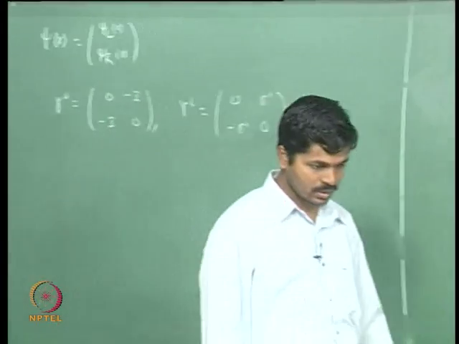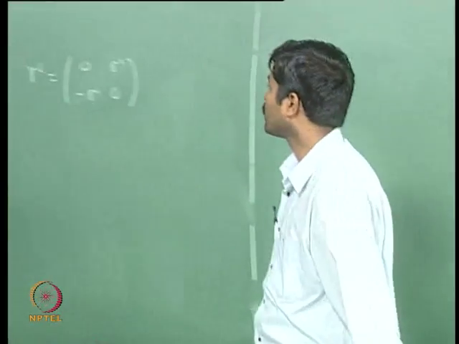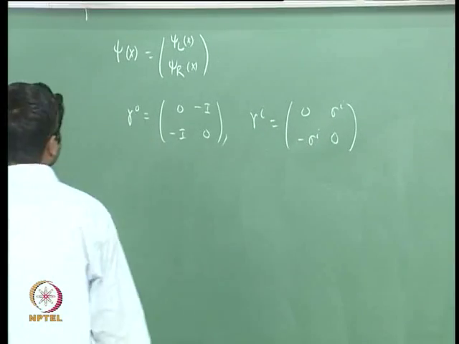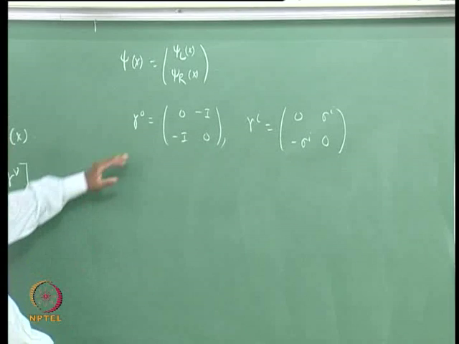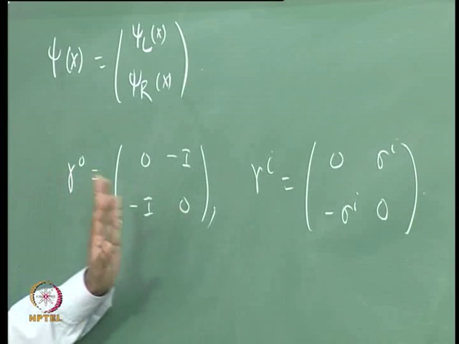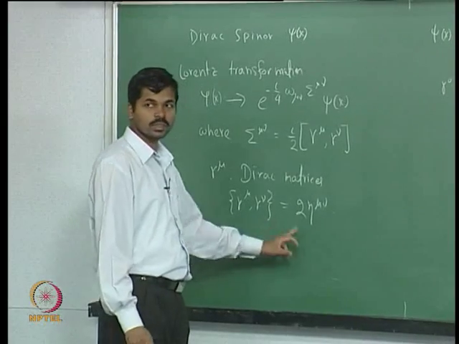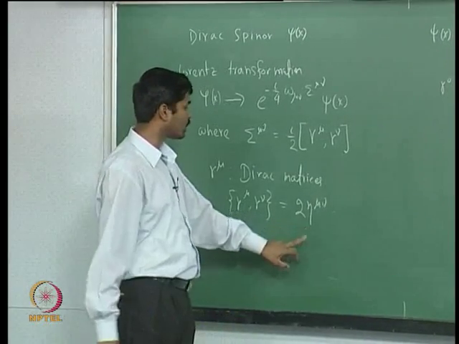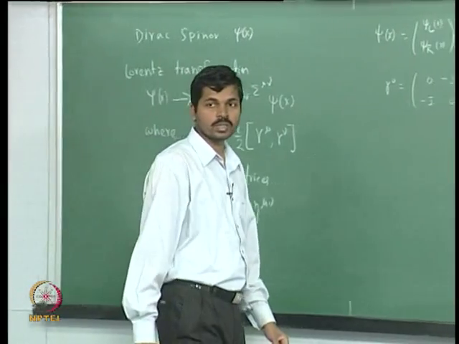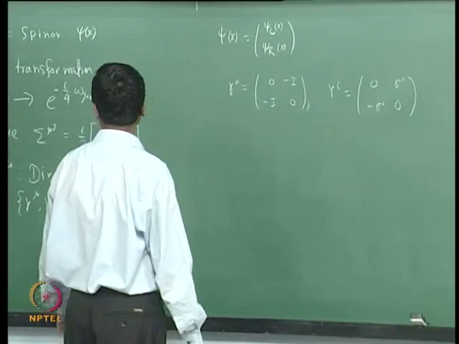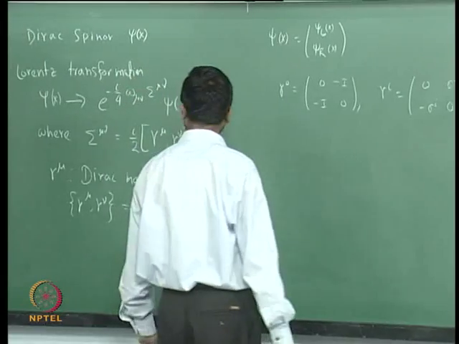So, these are the Dirac matrices. However, we need not have this representation. Any set of 4 by 4 matrices which satisfy this anti-commutation relation will be good enough to represent the Dirac gamma matrices, the Dirac spinors.